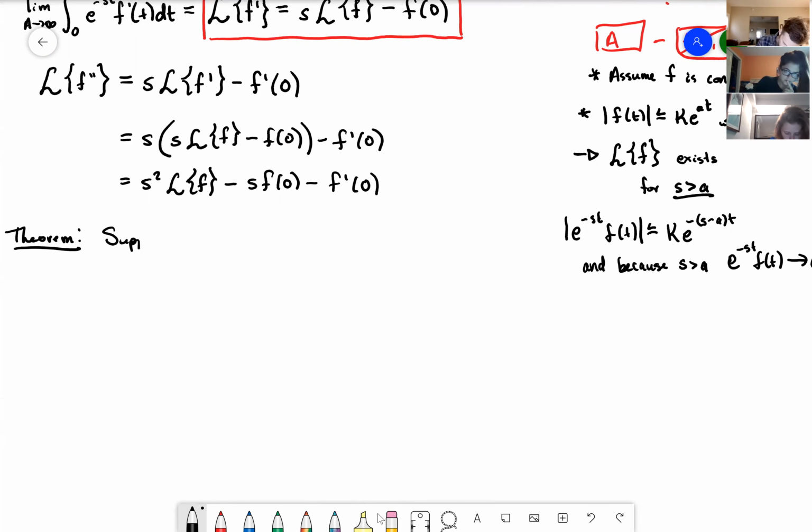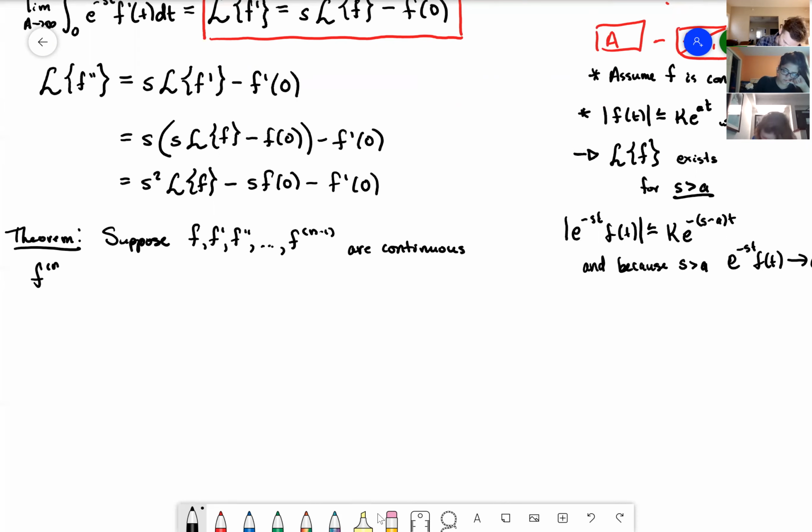So let's suppose f, the derivative of f, the second derivative of f, all the way up to the n minus 1th derivative of f, all of these are continuous.